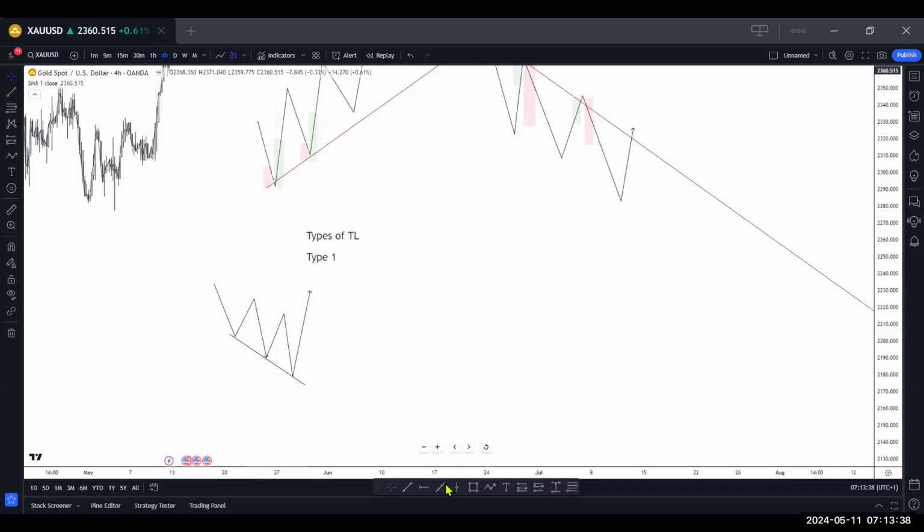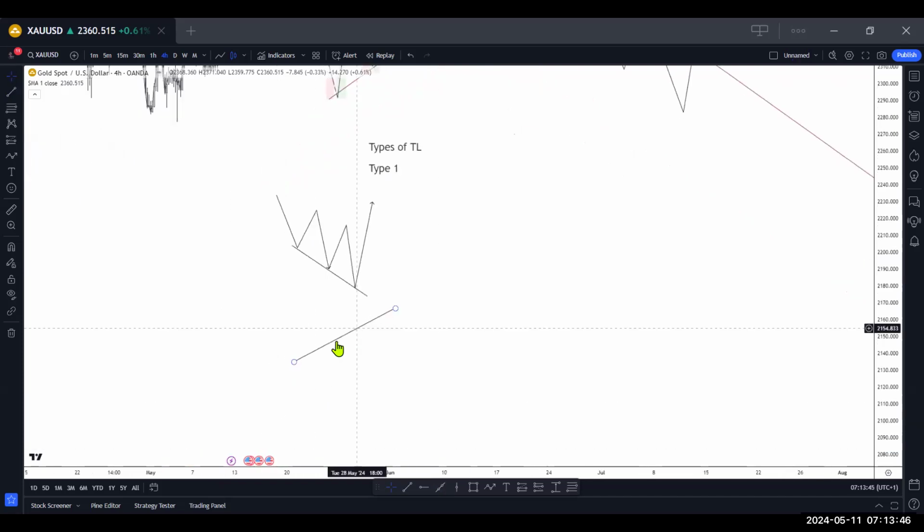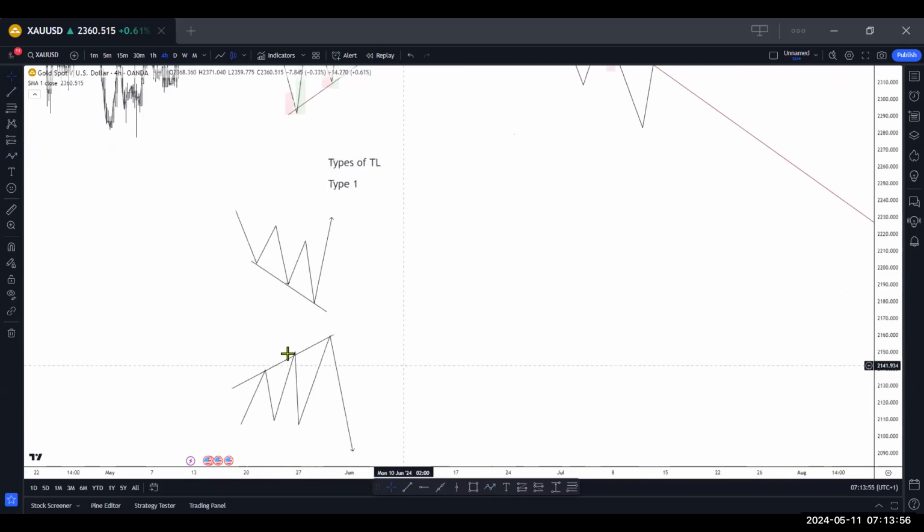For sell scenario, you have first touch, second touch, entry. So this is type one reversal. This is buy scenario, this is sell scenario.